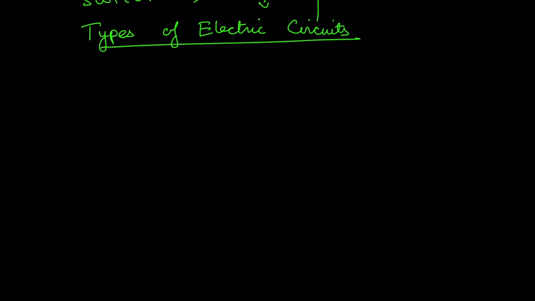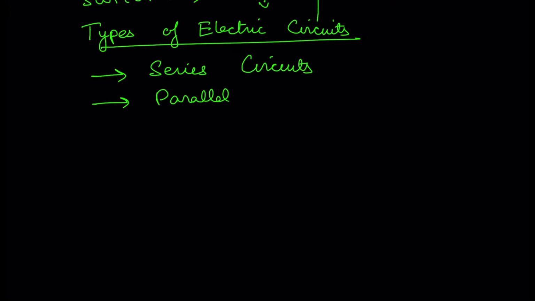So mainly we have two types of electric circuits. Number one, series circuits, and number two, parallel circuits. In the series circuits, the components are attached in series, like end to end.